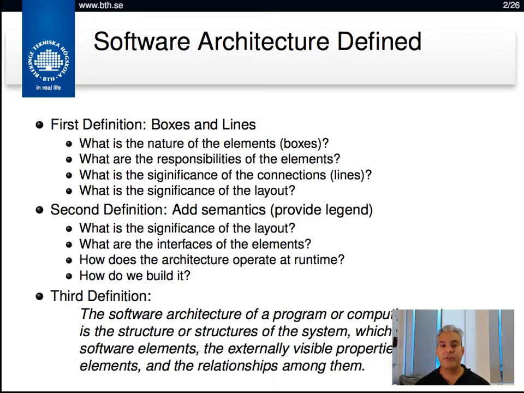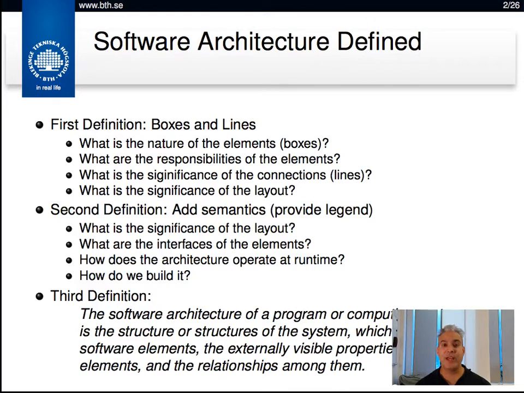Or we can go with the definition that the Software Engineering Institute provides, which is that the software architecture is the structure or structures of the system consisting of software elements, externally visible properties of those elements, and the relationships among them. So there are a few keywords here that we are looking at.